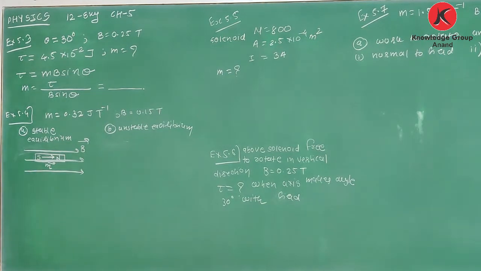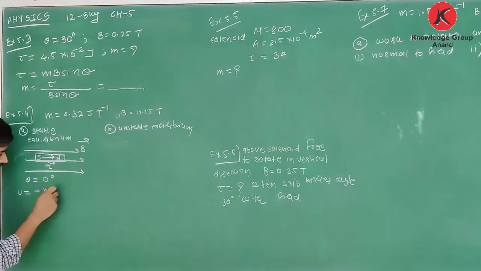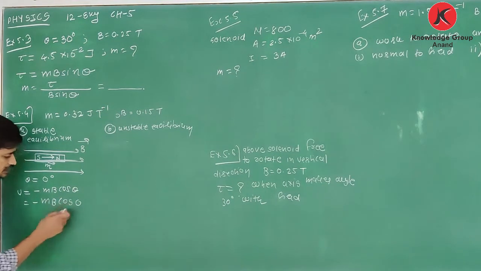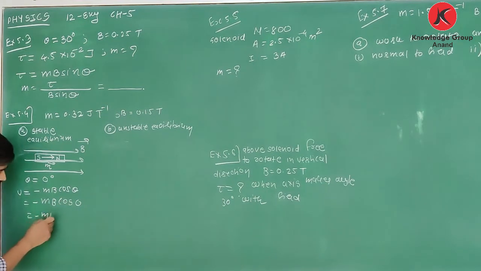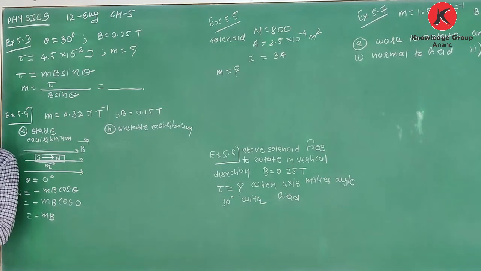So it is called the stable equilibrium condition. In this condition, theta is equal to 0. So U is equal to minus mB cos theta, equal to minus mB cos 0, which is minus mB. Clear about this? This point you have to remember.